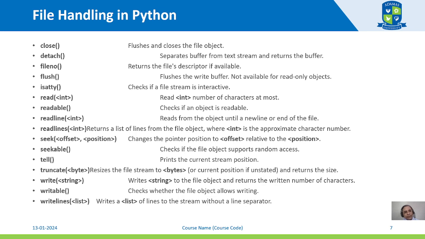Here in file handling in Python, there are certain functions which are very important to know. That is close. It flushes and closes the file object. That means in the previous example we discussed that f is the stream or the buffer which communicates with the file, and close flushes the buffer, meaning it is cleared now.